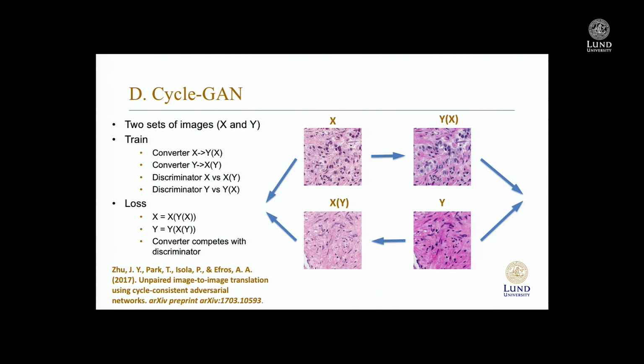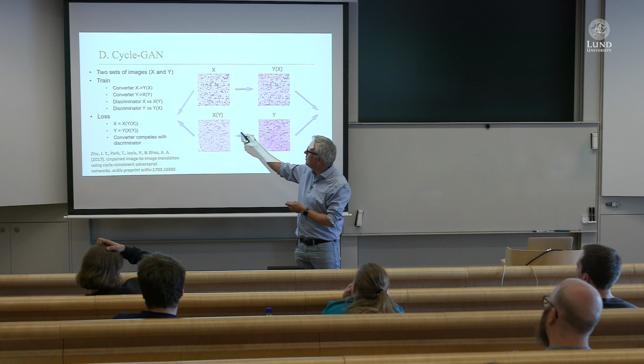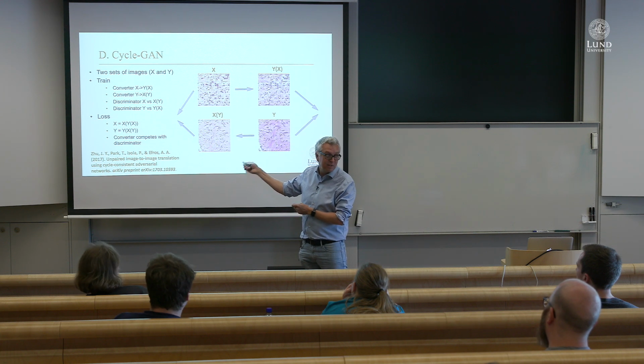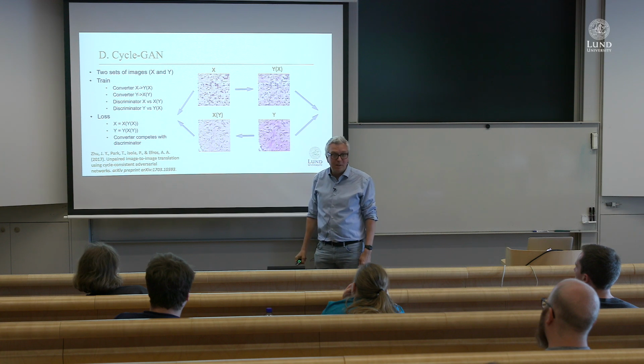You also train a network that converts from Linköping images to Lund images. And then you also train a network that classifies: is this a real Linköping image or a fake Linköping image? And you train a fourth network that classifies: is this a real Lund image or a fake Lund image taken from Linköping? And then you optimize all of these four networks at the same time.